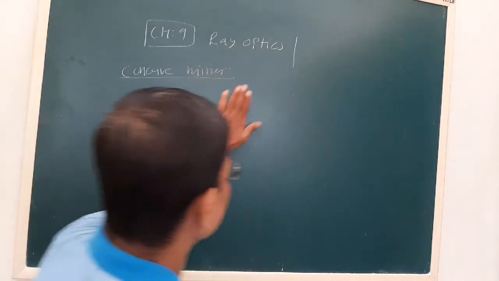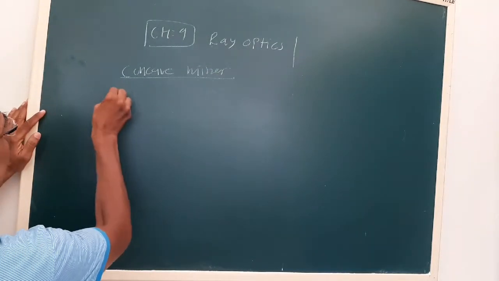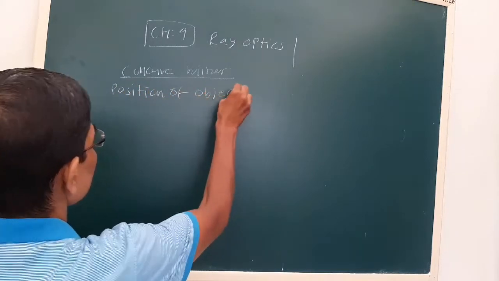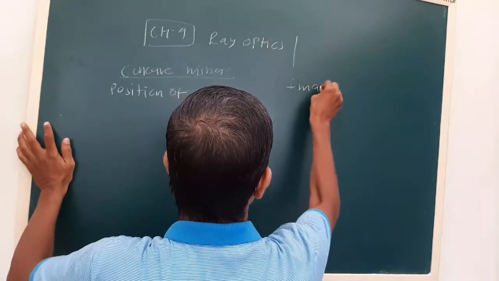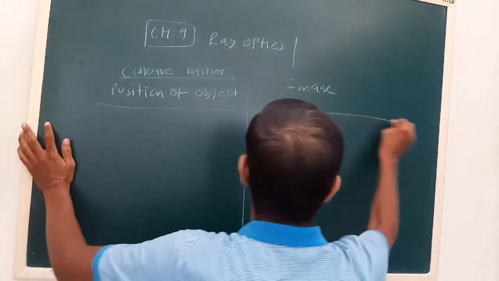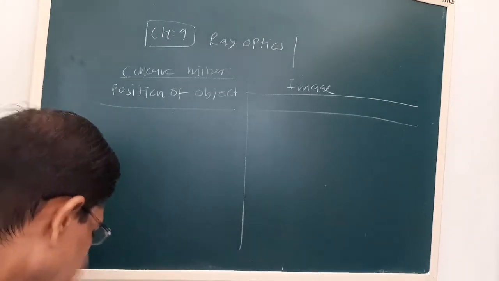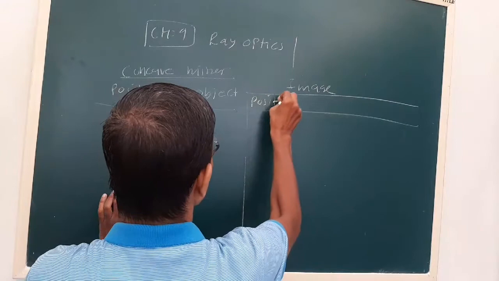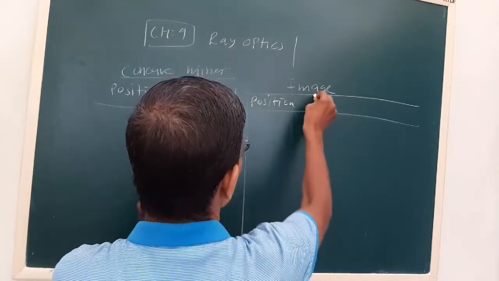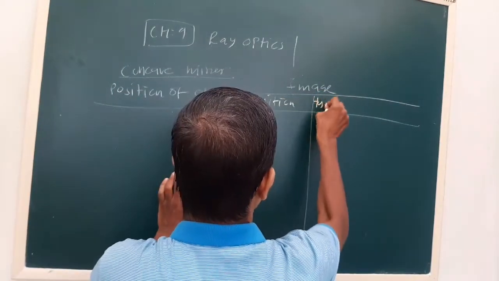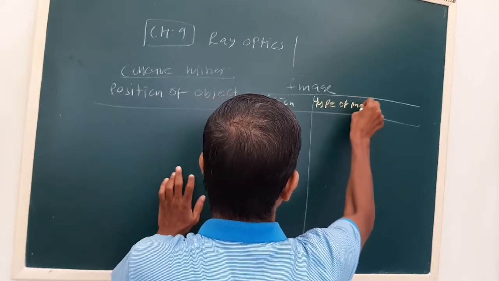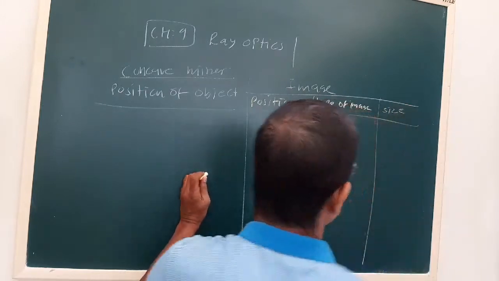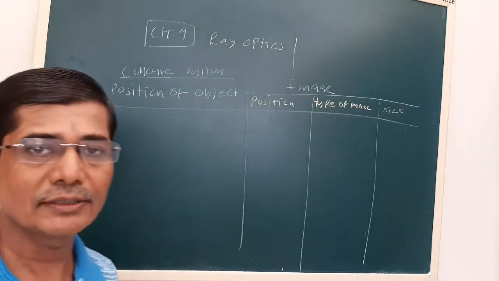For a concave mirror, there will be six different positions. We have to see where the image will be formed, the type of the image, and we have to talk about size, whether the image will be larger or smaller than the object.